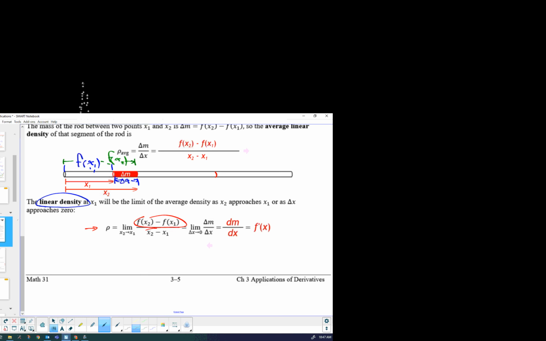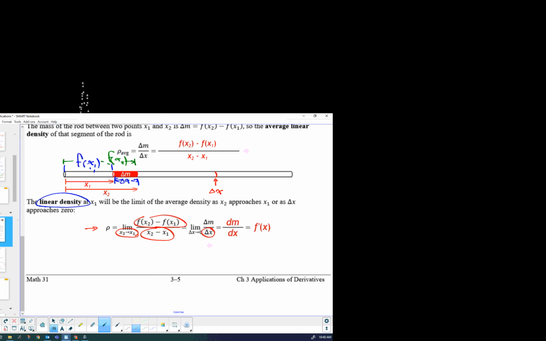But your length is also going to 0, your change in x, because this thickness is the delta x. It's infinitely thin, which means it's going to 0. So going to 0, so this delta x is going to 0 down here, which is what a limit is doing. So at this infinitely thin point, what is the change in mass over change in length?